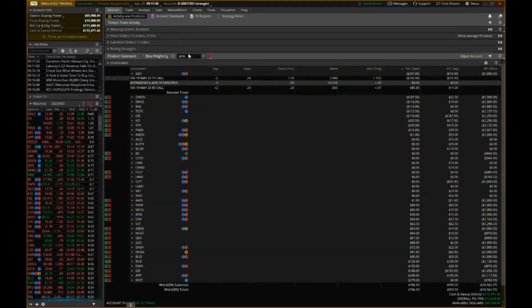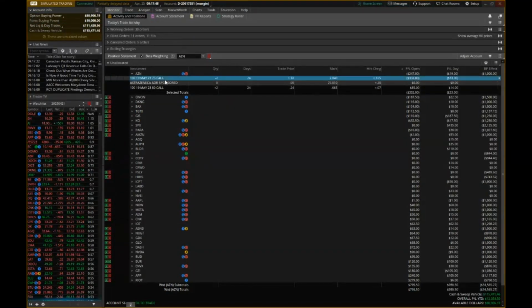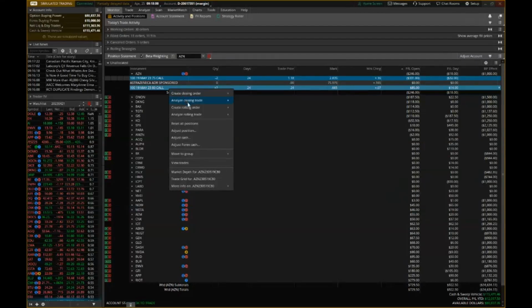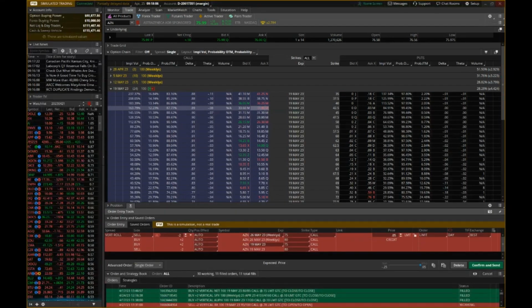Okay, once you receive your cancel confirm, go back and left click on one leg, then hold down the control key, and then left click again, and then right click, and go down to create rolling order, and then just select the top option.